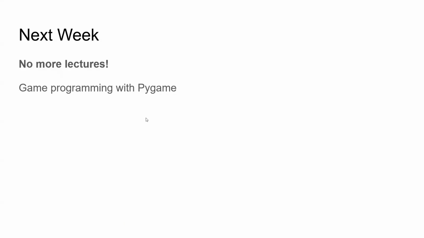The 2 remaining weeks in this course are dedicated to game programming, and the idea really isn't to teach you game programming, although you're definitely going to learn some, but the idea is to show you how to write a bit larger project with Python.